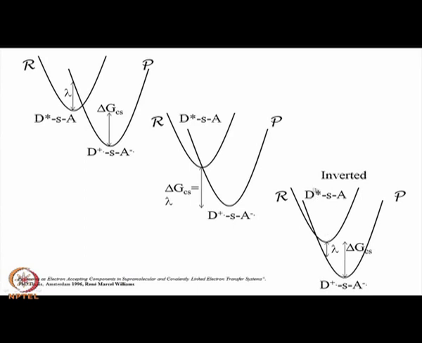This is your reactant surface, this is your product surface. That is why in the inverted region, after the rate constant reaches the maximum, the rate constant reduces.